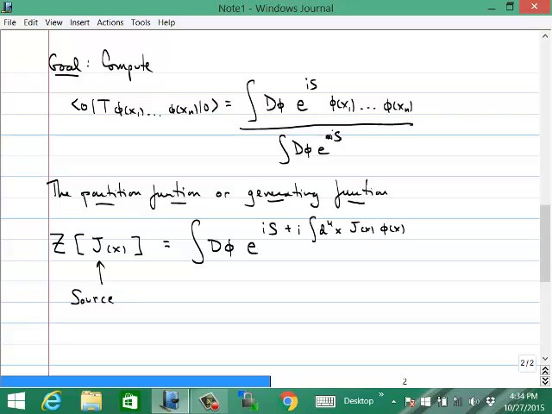One of the things I should note is that there's a reason why I call this J a source term. If you were to compute, for example, the classical equations of motion for the field phi that would arise if we included that extra term in the action, that would give you a source J on the right-hand side of the field equation.